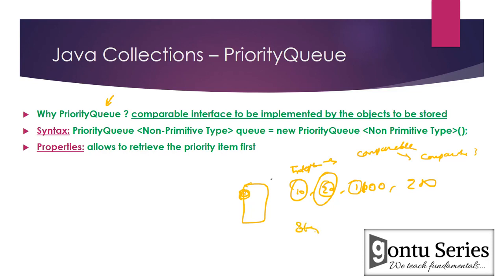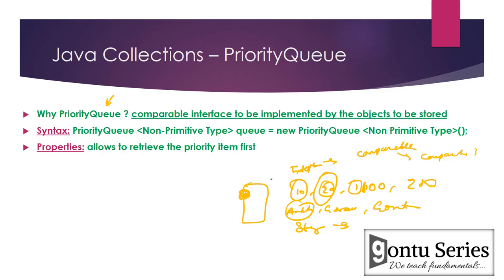In a similar manner, if you are going to include string objects in it, again it's going to move the minimum object of all to the head. Now how does it know which one is minimum in this string?